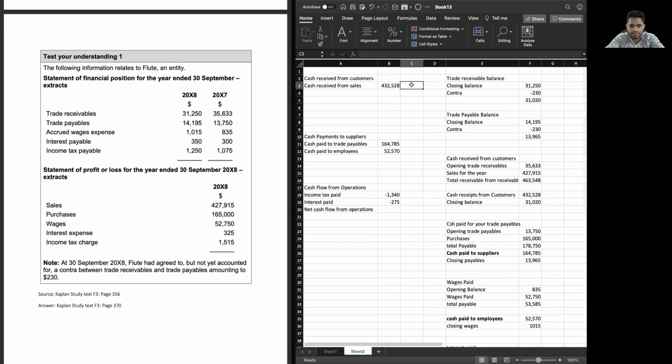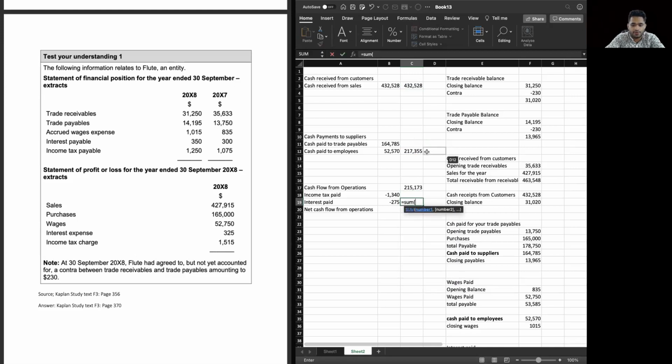Now we can finalize this. The total outflows is going to be 217,355. So your cash flow from operations is 432,528 minus 217,355. Will be 215,173.